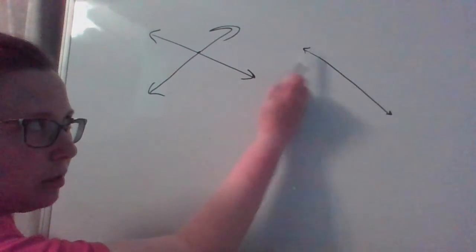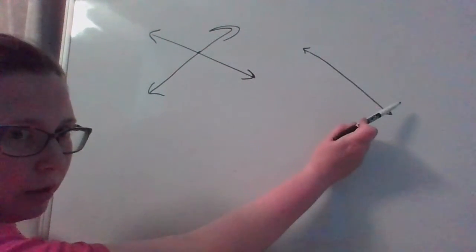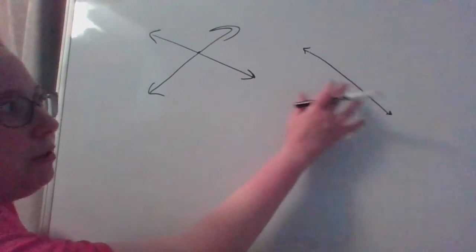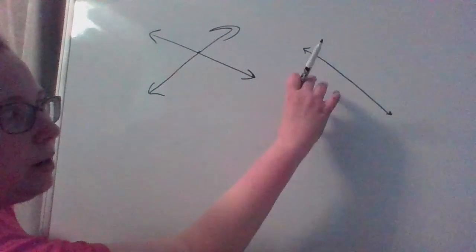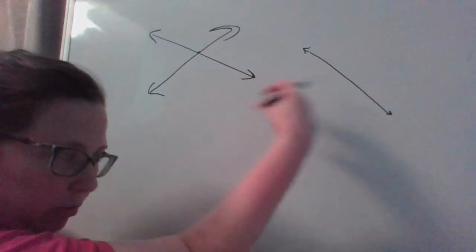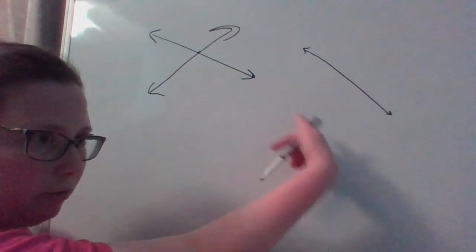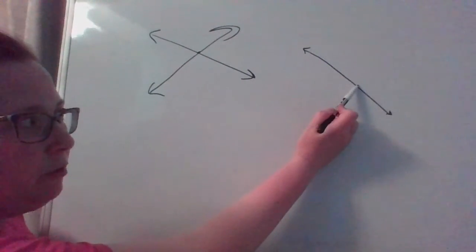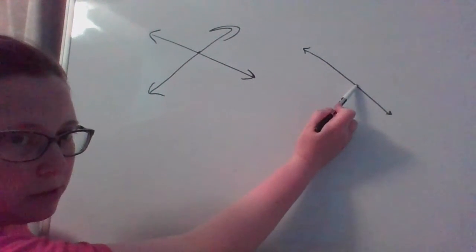Every single point, because they overlap at every single point. There's no point where they don't overlap. So given this kind of a situation where you have an equation for a line and then you have another equation for the same line, that is going to have an infinite number of solutions to that system.